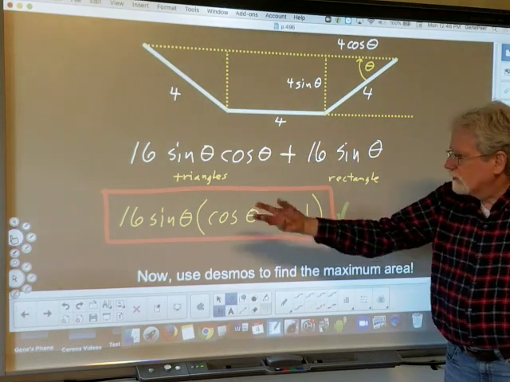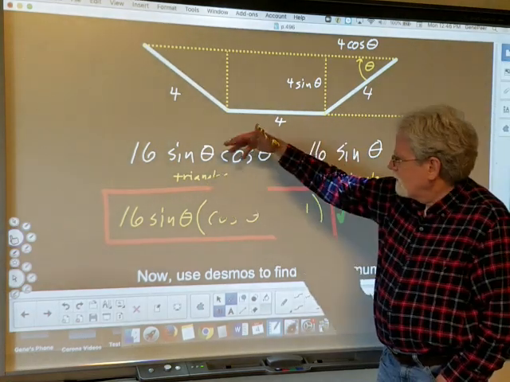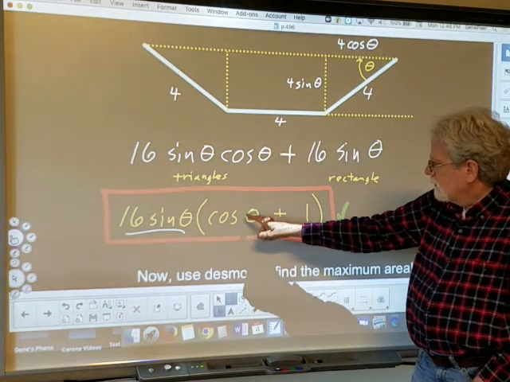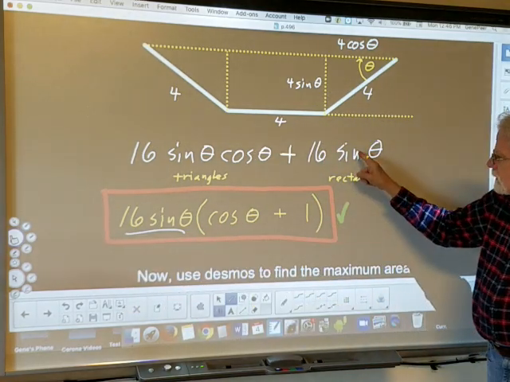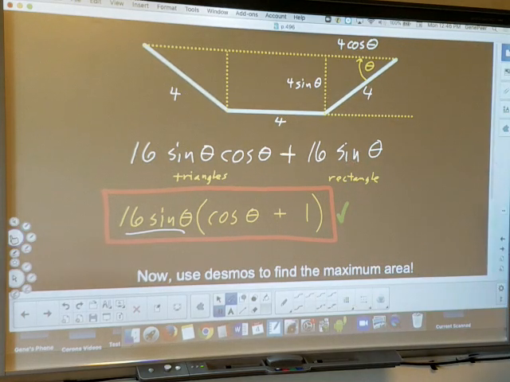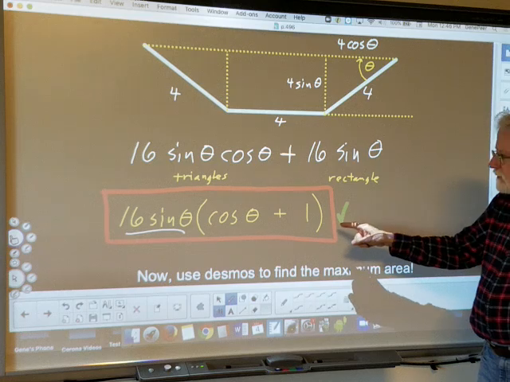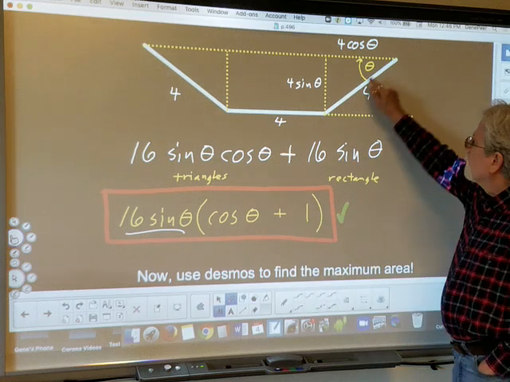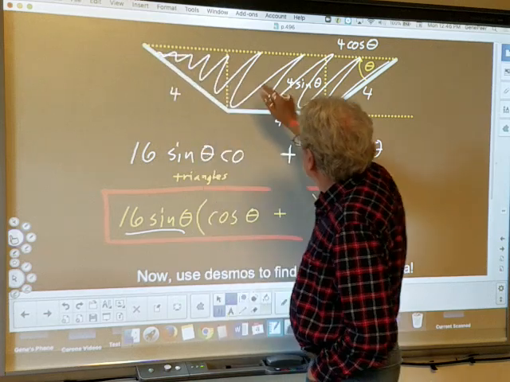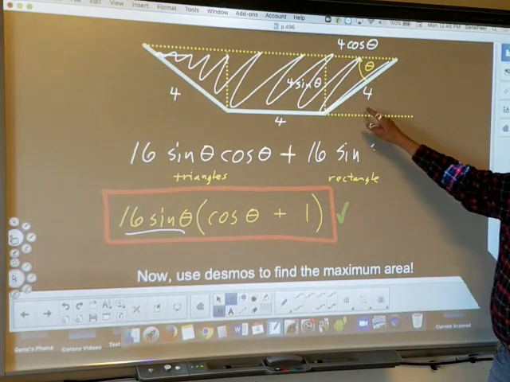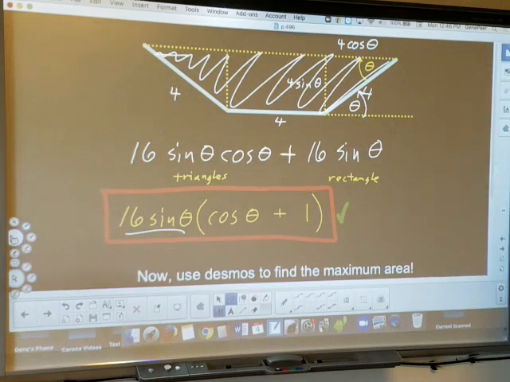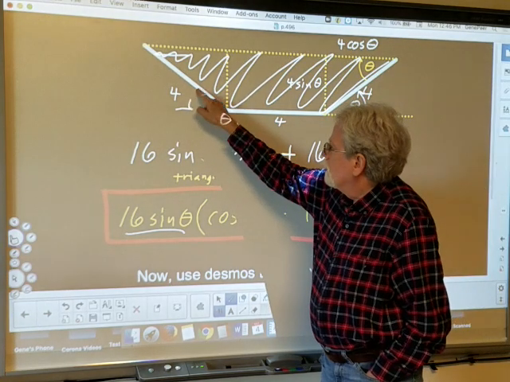Let's factor it out. Factoring out 16 sine theta, here we're left with cosine theta plus, the whole thing comes out, plus 1. Now we have, congratulations, a formula for the area of the whole thing given simply the angle theta through which I bend that piece of metal on, of course, both sides.